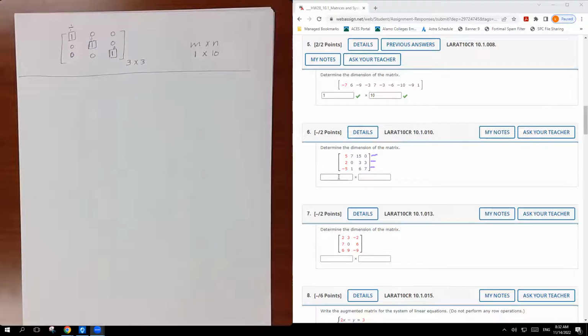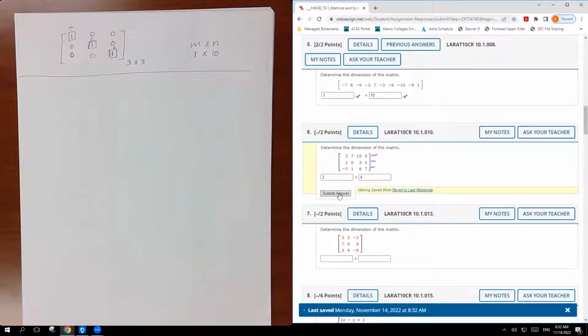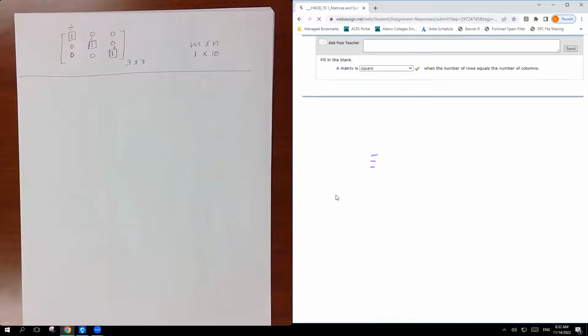So we're going to write down 3 rows and 4 columns. If you flip it, if you write down the number of columns here and the number of rows here, it's going to be wrong, because it's always the number of rows, then the number of columns. That's it for this example.